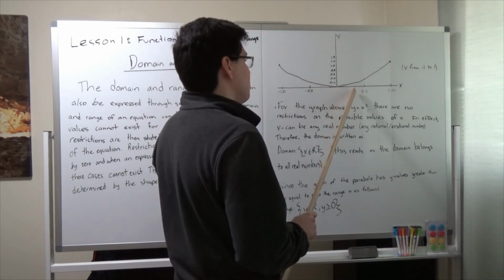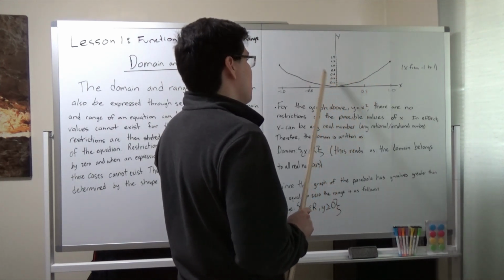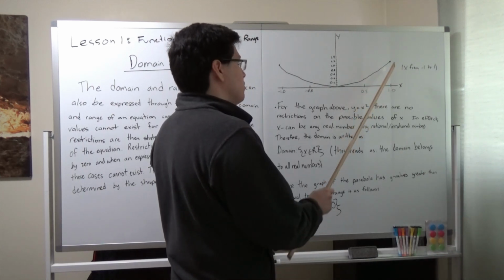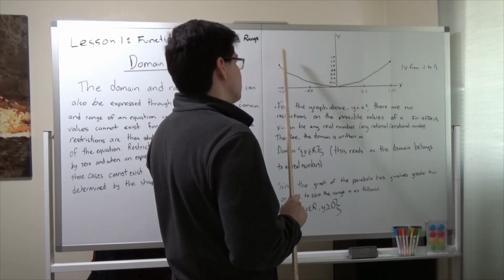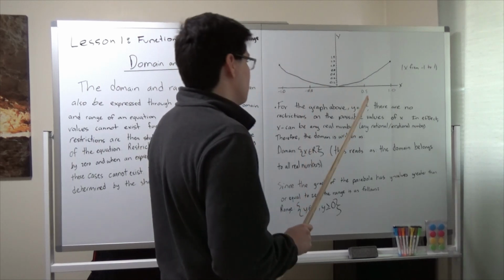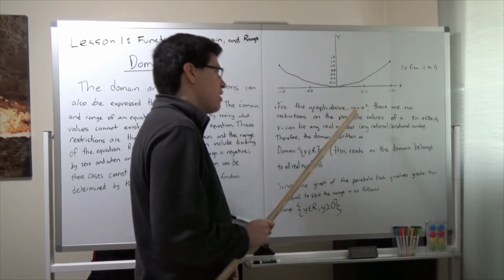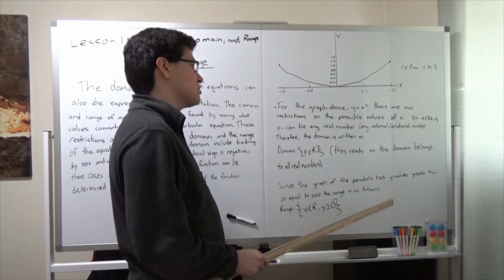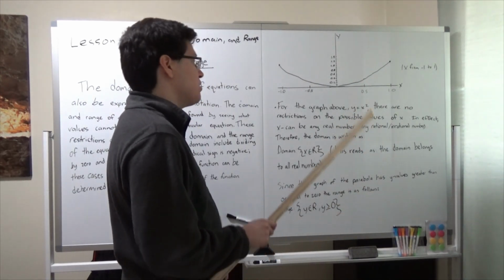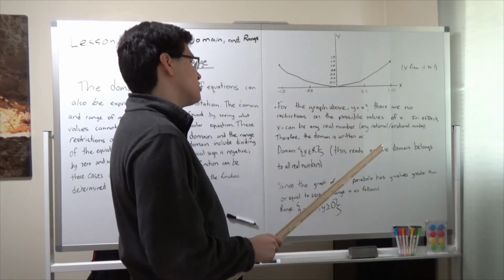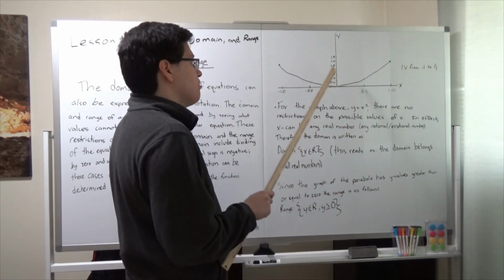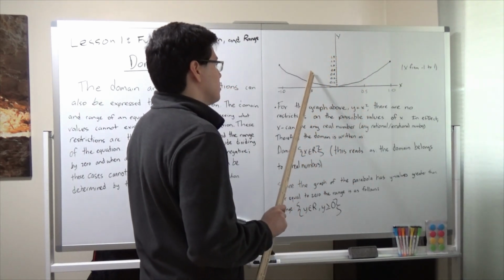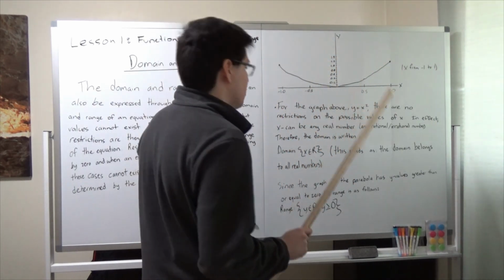And it goes on in both directions, upward, and it goes on infinitely in both directions. For the graph above y equals x squared, there are no restrictions on the possible values of x. And in fact, x can be any real number, any rational, irrational number. This is because the graph goes on in both directions, horizontally, infinitely.